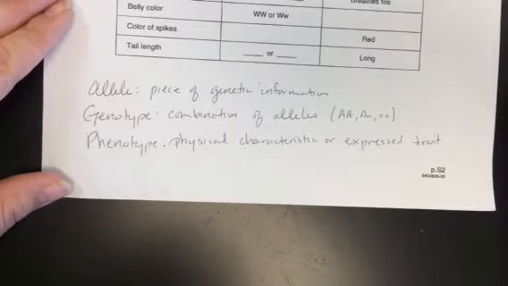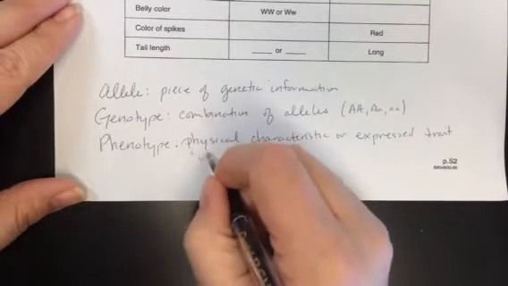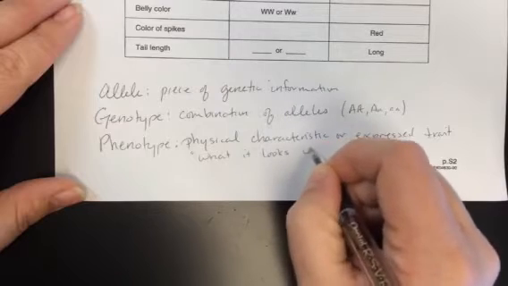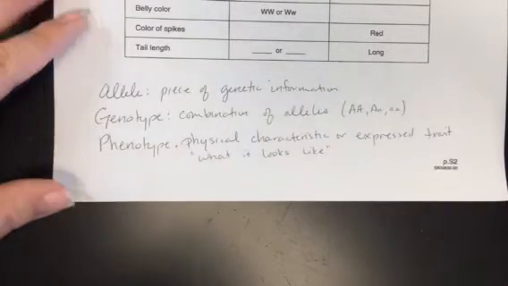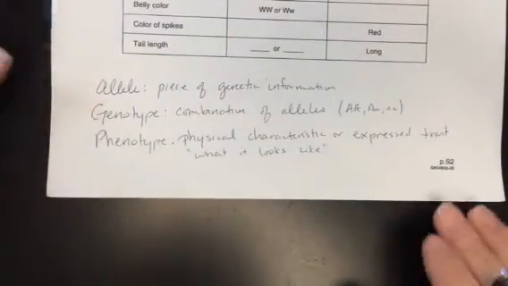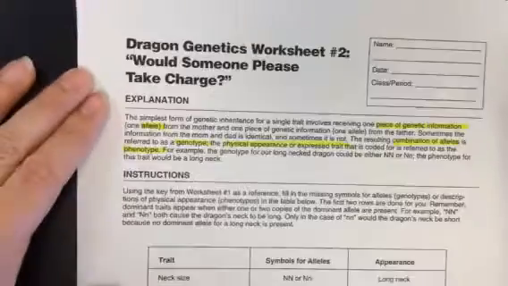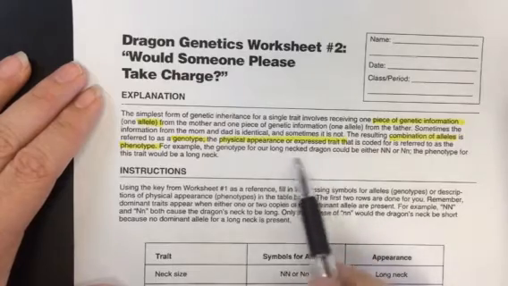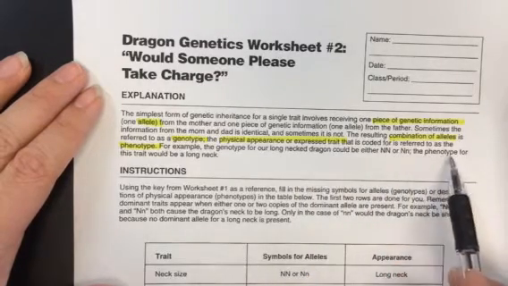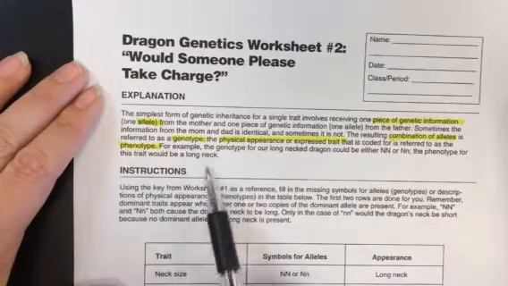If you want to put that into common English, it's what it looks like. Of course, we won't get to see every single trait because sometimes it's proteins and enzymes, but that just gives you the general idea. So, for example, our genotype for our long-necked dragon could be either big N or big little n, and the phenotype for this trait would be a long neck.